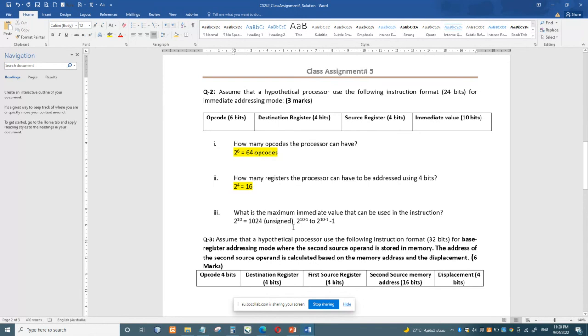Because when it's a signed number, you have to use 1 bit for the sign, is it not? So this is the formula that I have shown you in the case of 2's complement representation. So in that case you can use minus 512 to plus 511.